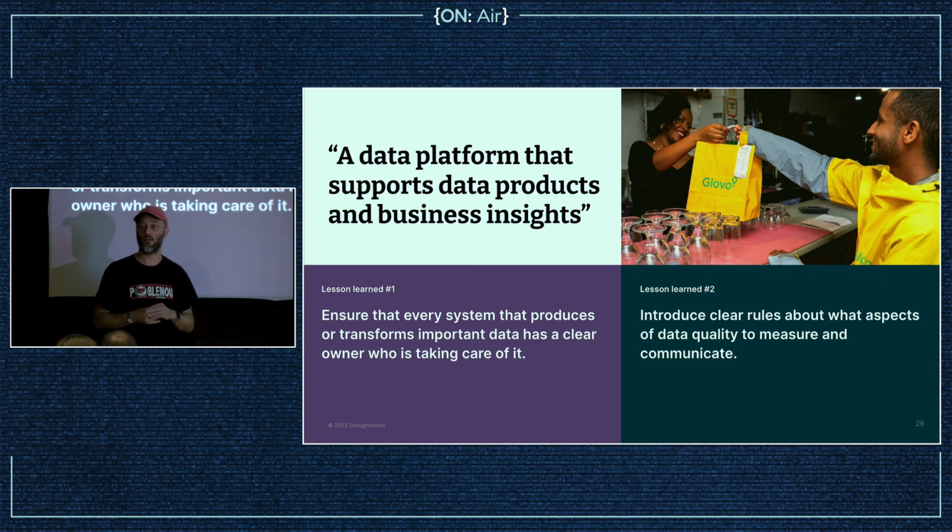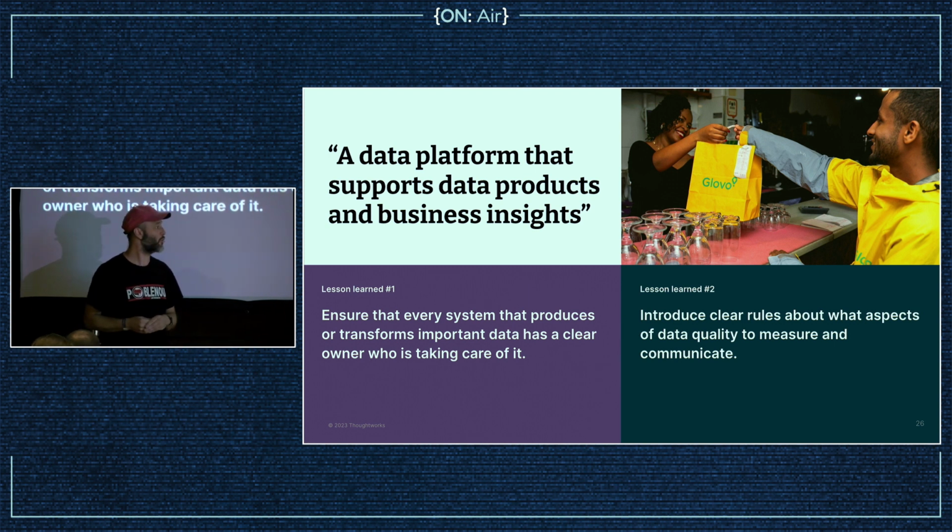But you need to make sure that if there's important data, every step of the chain from its production to it being used is owned by someone, because otherwise you're going to end up with maintenance problems, low data quality, things where there's a big problem and there's no clear person who knows how or is going to take responsibility to fix it. And so, Glovo found they needed to make sure they were clear with their staff that this was a priority, that when they were balancing things off, as you do in the startup world when you have a lot to do, making sure that the chain of provenance for data was owned and loved and maintained was key.